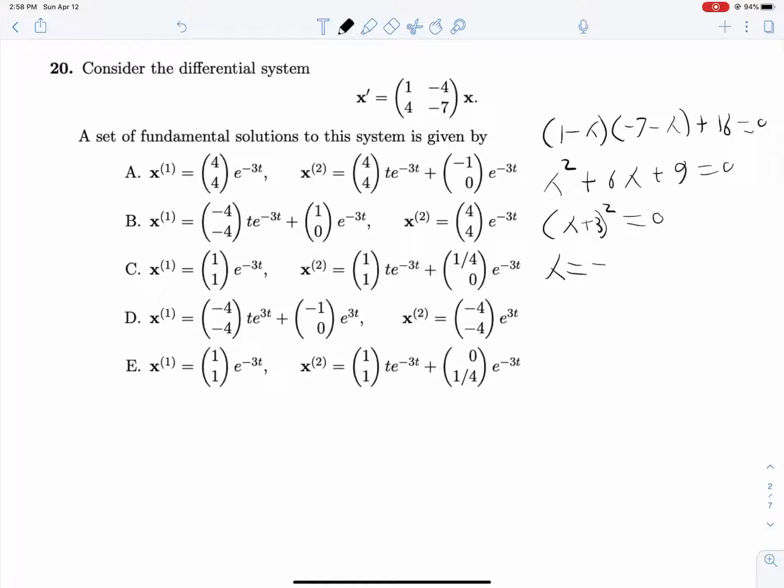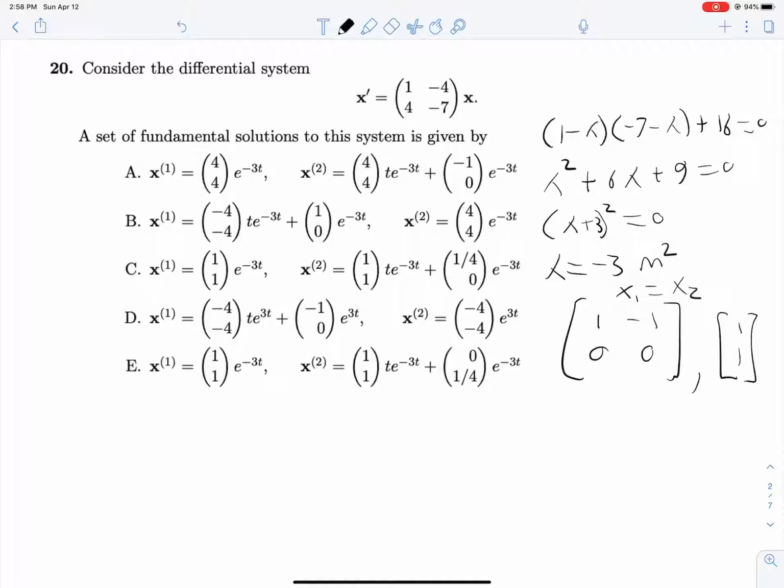So lambda is equal to negative 3 with a multiplicity of 2. Plugging in lambda equals negative 3 to A minus lambda I, we will get 4, negative 4, negative 4, 4. We'll simplify this down to 1, negative 1, 0, 0. And since this says that x1 is equal to x2, we can write our eigenvector of (1, 1).